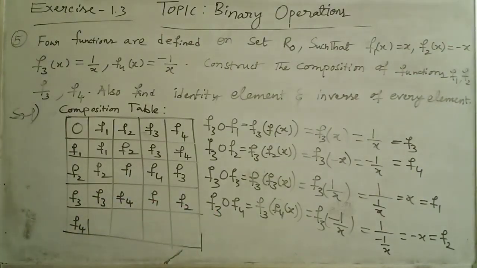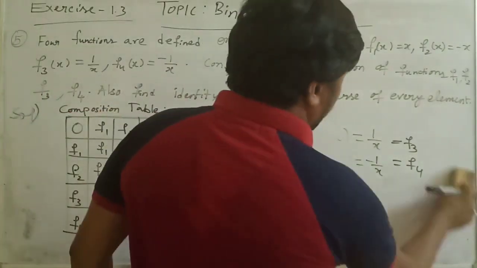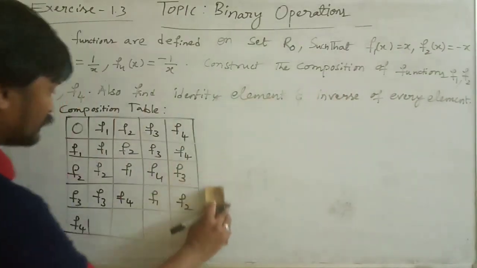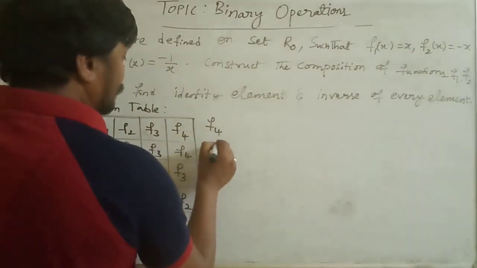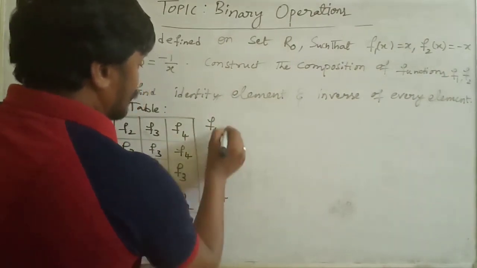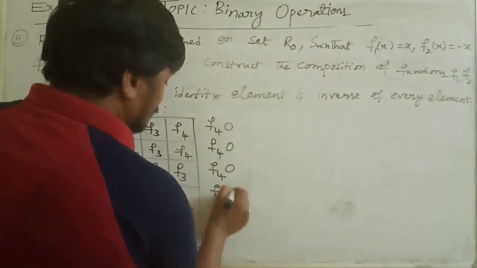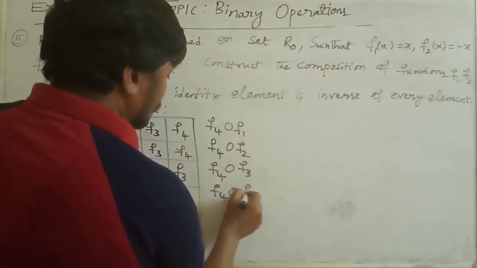Okay. So next, the last one: f4 circle f1, f4 circle f2, f4 circle f3, f4 circle f4. So here it is f4 circle f1, f2, f3, f4.